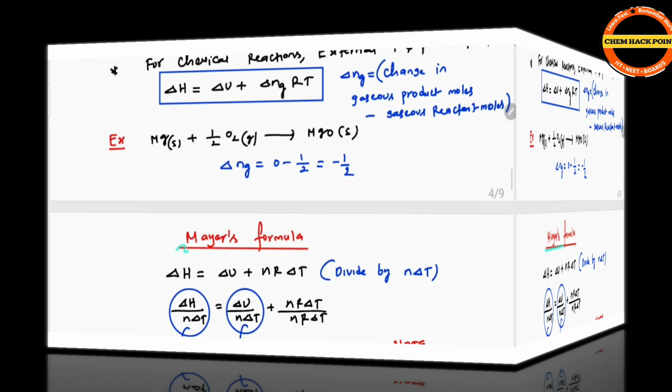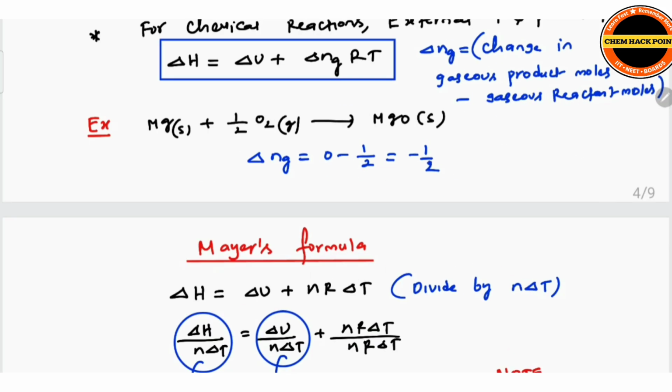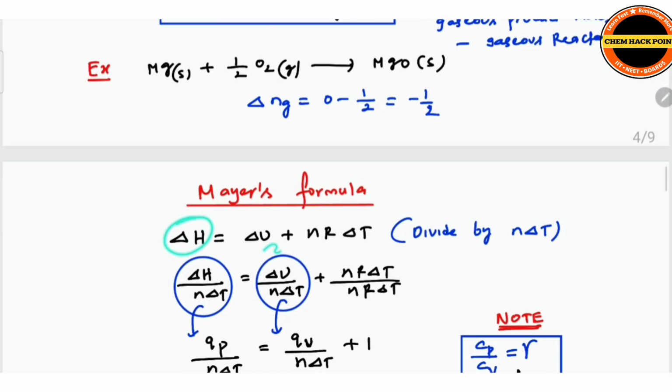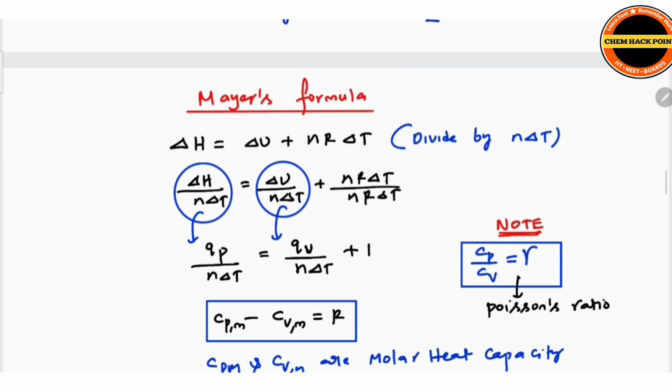Okay. Now proceed to Mayer's formula. If you have any doubt in a particular concept, pause the video and observe it. Mayer's formula: delta H is equal to delta U plus N R delta T. Here the temperature is changing. If you divide the equation by N delta T, what will you get?